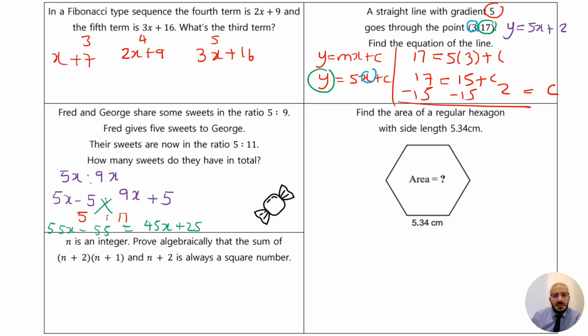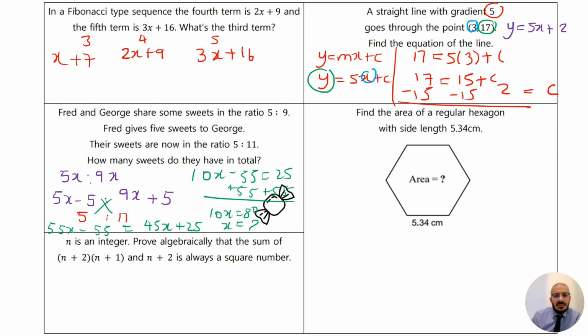Lovely. So then I am going to solve this. If I take 45 away from 55, that's going to be 10x minus 55 is equal to 25. Add the 55 to both sides is going to give me 10x is equal to 80.